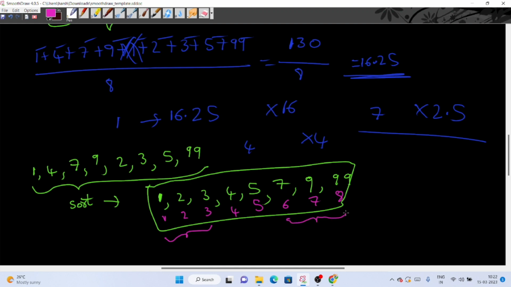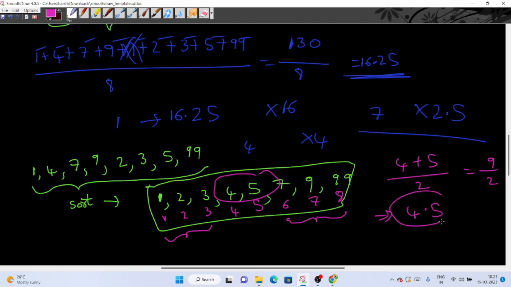In order to find the central element, we find the two most central elements and take the mean of them, and we assume it as our median. Here the central elements are 4 and 5. So 4 plus 5 divided by 2, that equals 9 by 2, which gives us 4.5.